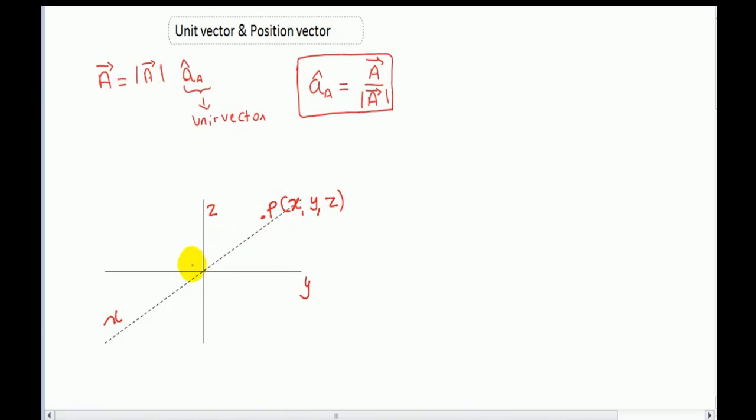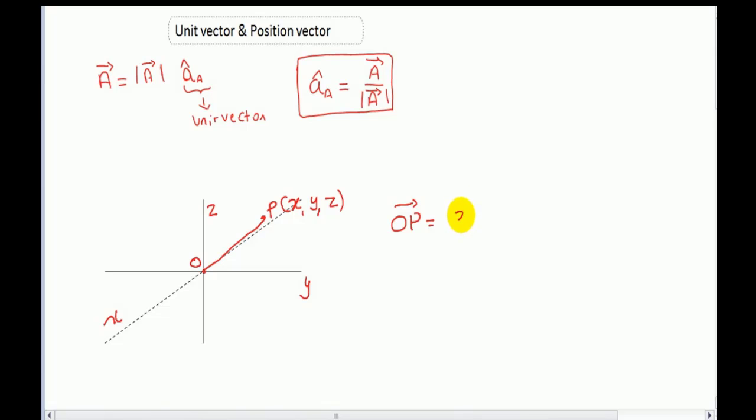These are the coordinates of P, and I join this to the origin. So position vector for P will be given by OP vector. It is basically the distance vector from the origin.